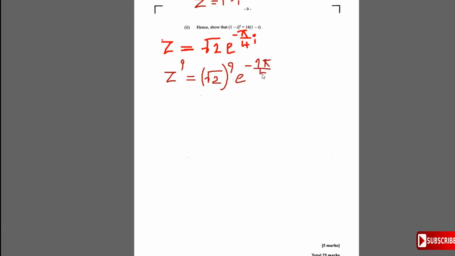Nice and easy. Now you may proceed, and how I like to do it, I like to go from exponential to polar form.